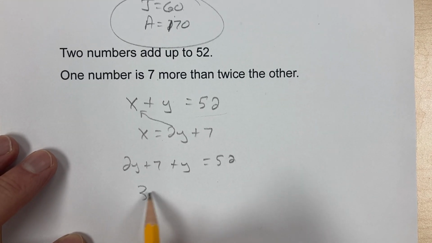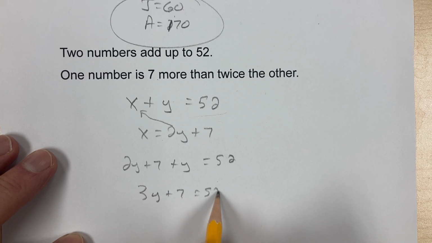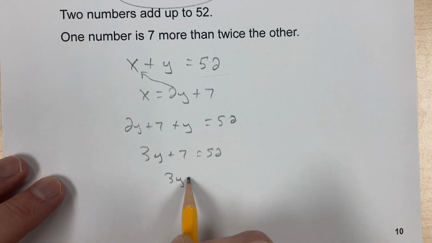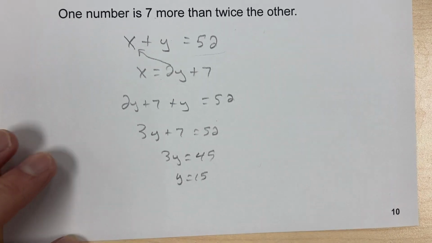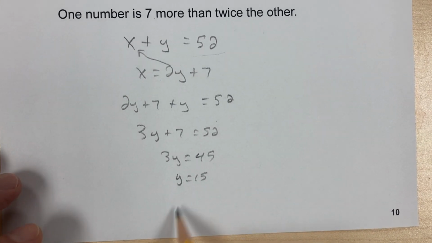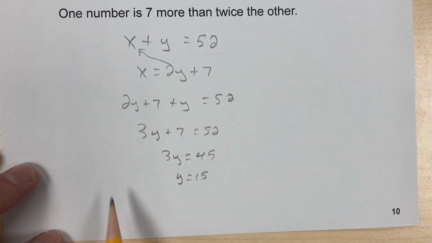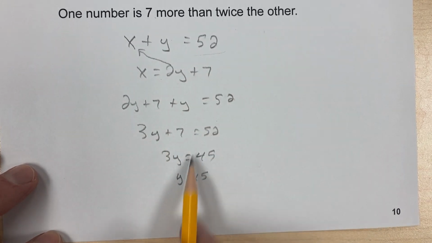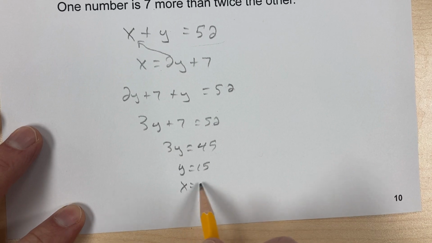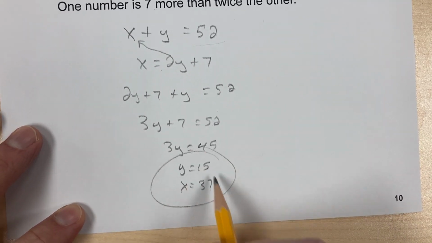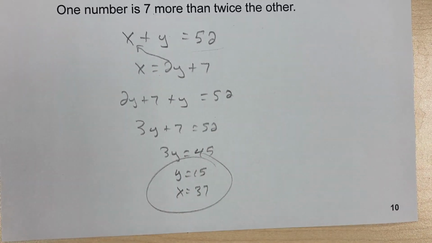Add those up. 3y plus 7 equals 52. Subtract the 7. You'll get 45. And then divide, you'll get y equal to 15. And then it's up to you. You know they all add up to 52, so you can just take that off of 52, or you can double that. 30 plus 7 will give you 37. Those 2 numbers add up to 52 and do exactly as it says.